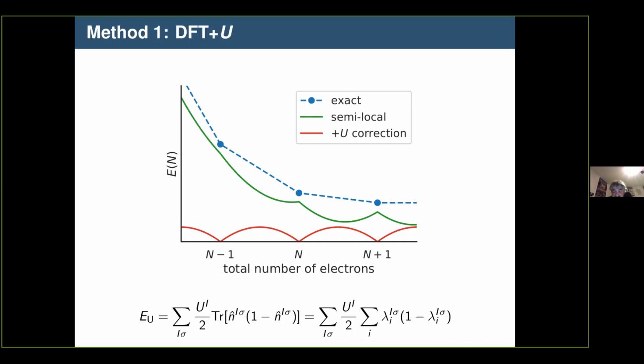Now, the trouble is, of course, that normal LDA is an extension that departs from the homogeneous electron gas, and it's all long-range Coulomb interaction, while the +U departs from the atomic limit, and you get an intermediate coupling regime. And why should there only be local U to worry about?